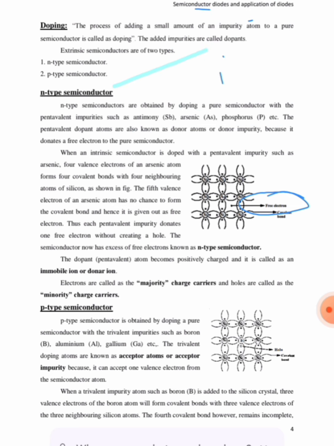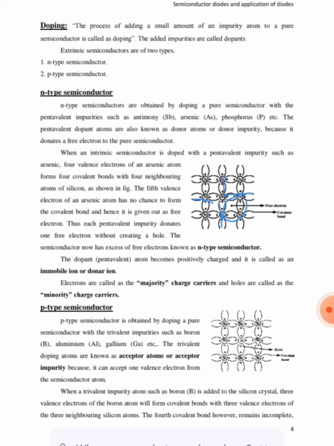So if you look into the diagram, we have a lattice structure where we are adding arsenic as an impurity atom. The 4 valence electrons of arsenic have formed 4 covalent bonds with its neighboring silicon atoms.